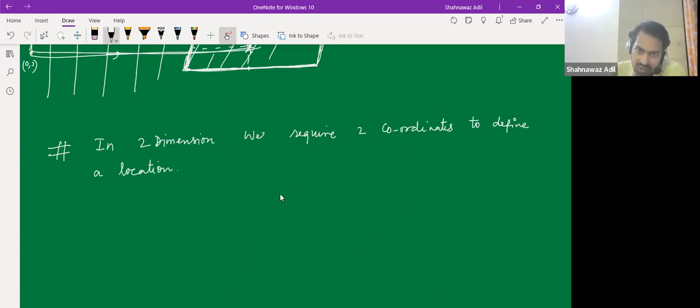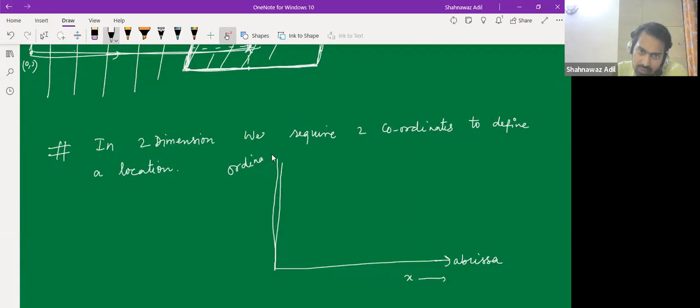So let's say we have this plane, right? Whenever I talk about the plane, it means I have x direction and I have y direction. So this is called the abscissa, which is the x distance, and this is called the ordinate, the y axis.